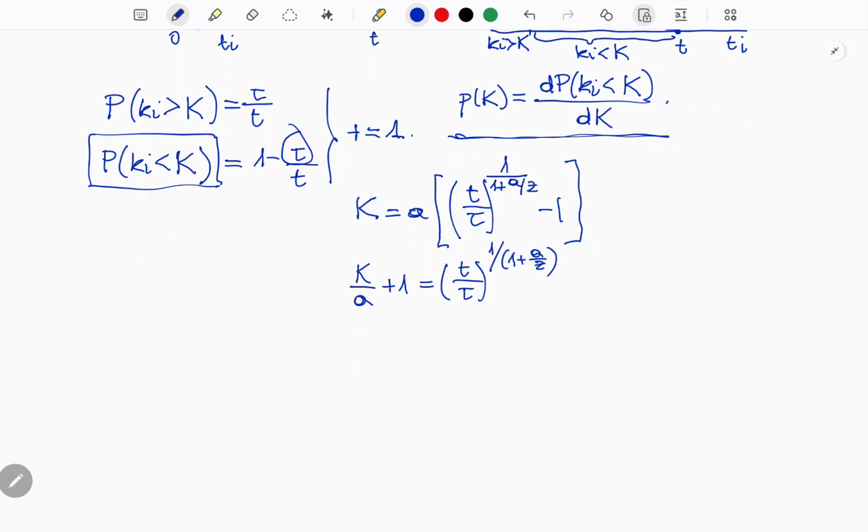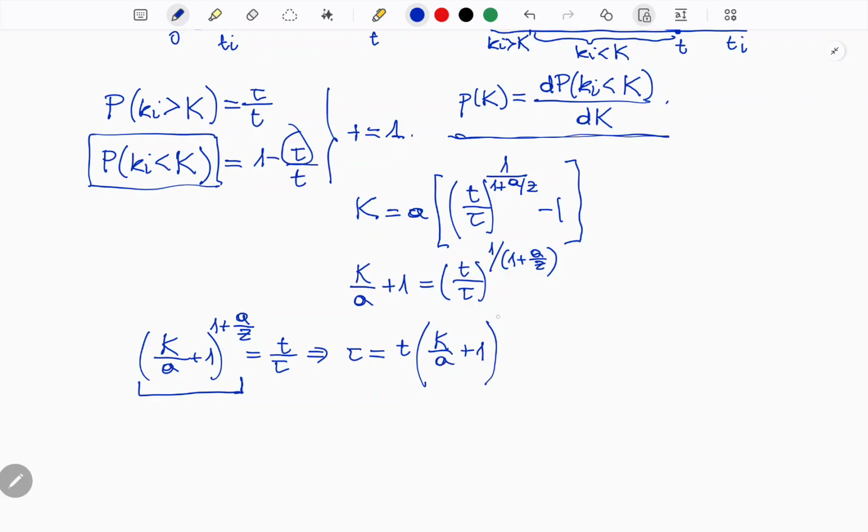So I'm going to do the power of K over a plus 1 to the power of 1 plus a over z is going to be equal to T over tau, and therefore tau is going to be equal to T times this exponential here, but with a negative sign because it's going to the right side dividing. So this is just K over a plus 1 to the power of minus 1 plus a over z. So this is the value of tau that we obtain.